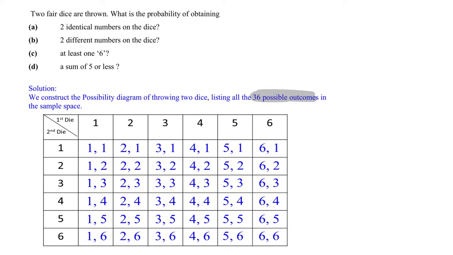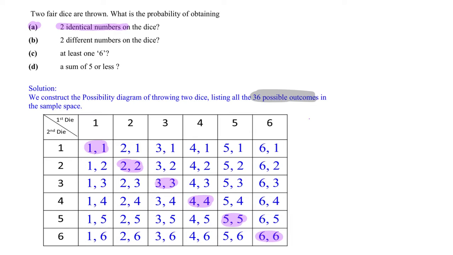Part A, they would want to find the probability of getting two identical numbers. 1, 2, 3, 4, 5, 6.